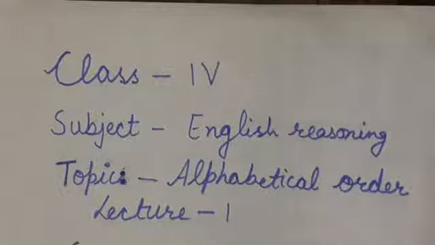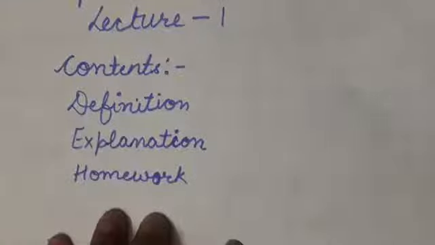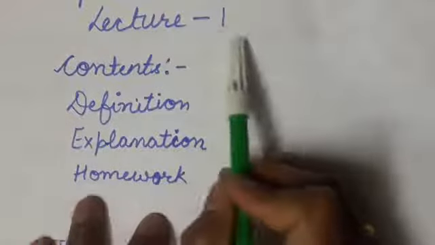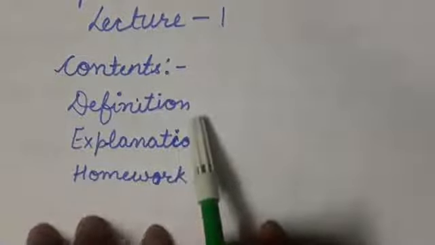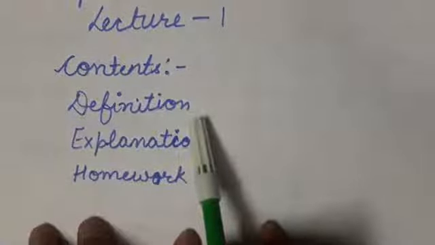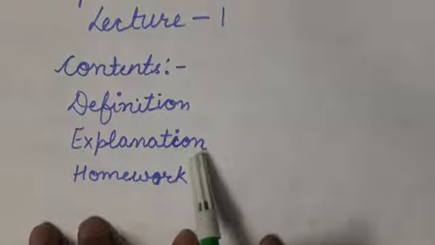So let me tell you the contents regarding this topic. The contents which I am going to take in lecture 1 are, first of all, the definition of alphabetical order. Then the explanation will be there.